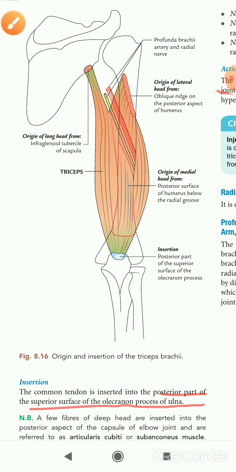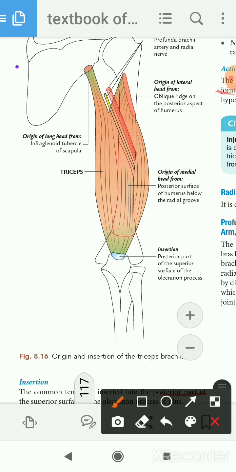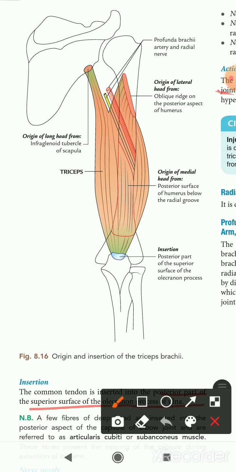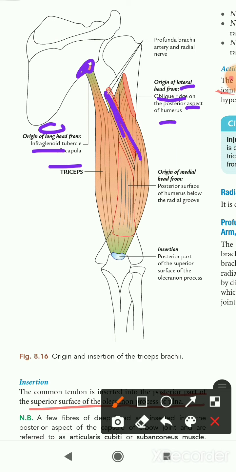So let's see. The triceps brachii: the long head is coming from the infraglenoid tubercle of the scapula, and then the medial head and lateral head. The lateral head originates from an oblique ridge on the posterior aspect of the humerus. This is the radial groove. Here the profunda brachii artery and radial nerve pass.